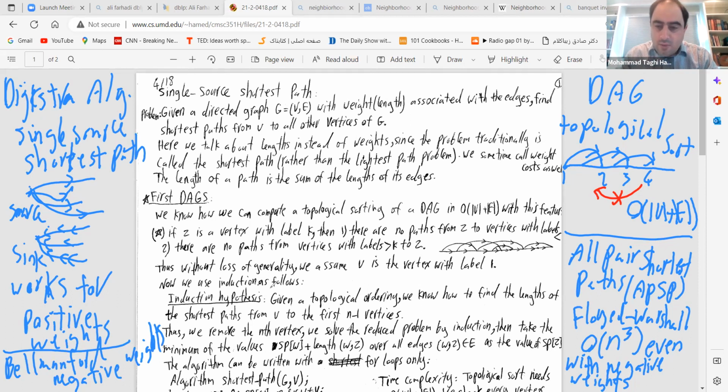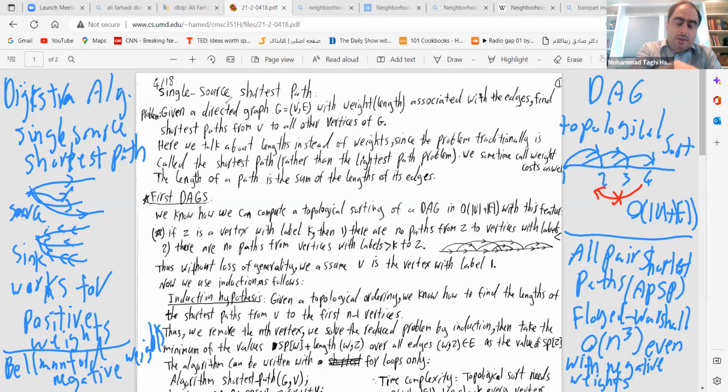So that gives you a good idea about the things that we have and want to discuss. So we talk about the single source case, and all of these are about directed graphs. So everything we talk about here is the directed graph.